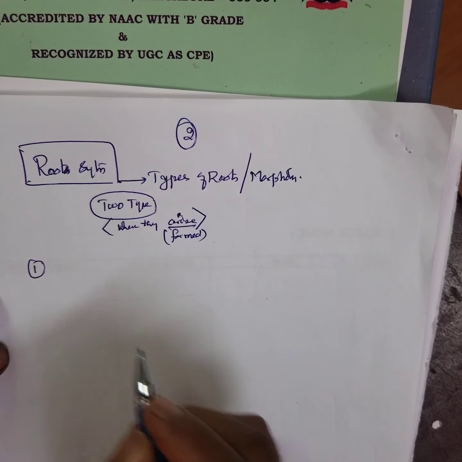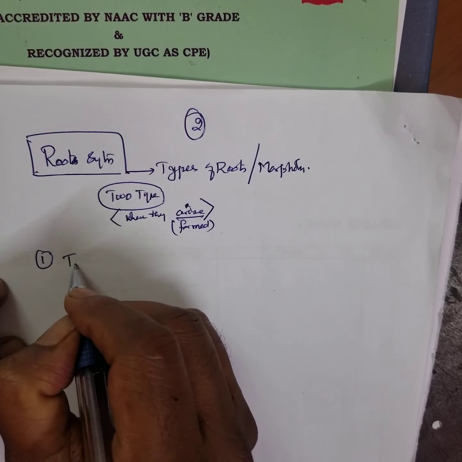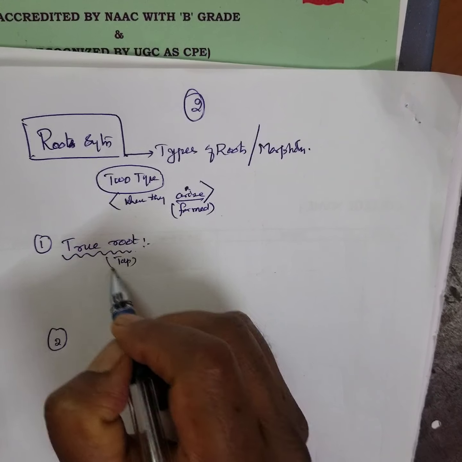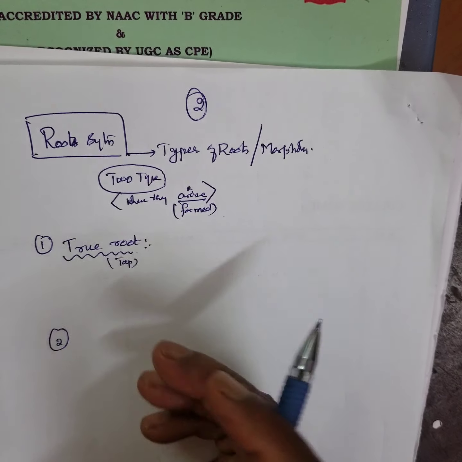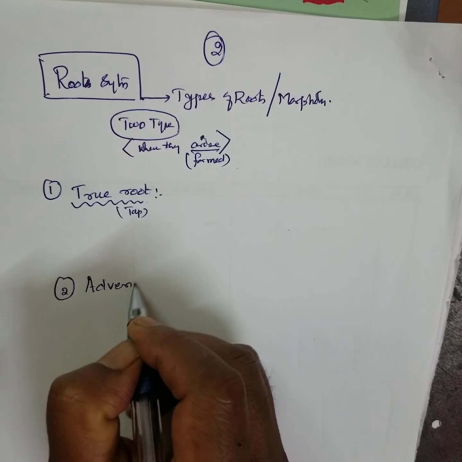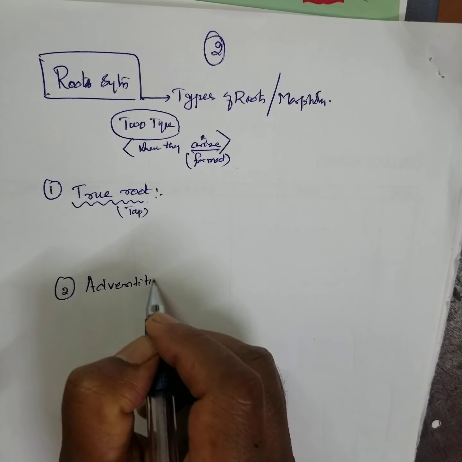One is true roots, also called taproot. The second is fibrous root, which are adventitious roots. The taproot arises from the radicle.